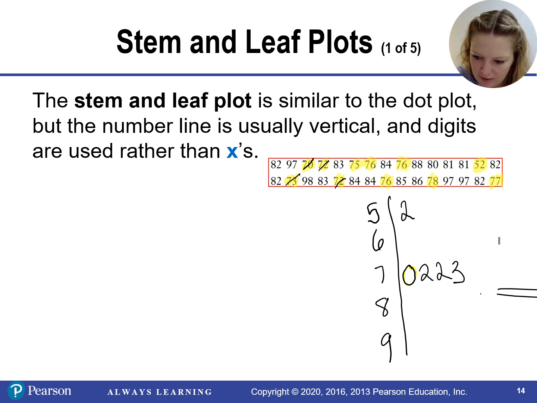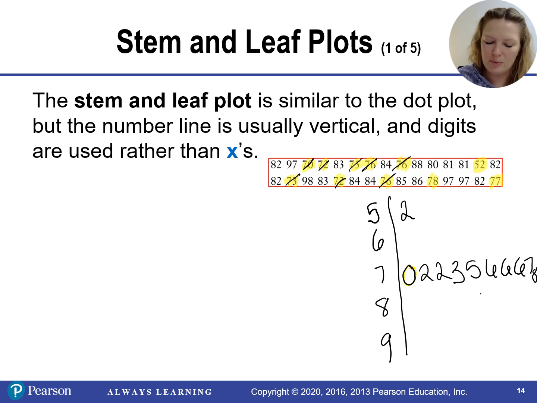I have 75. I have three 76s, a 77, and a 78. I'm running out of room, but this is how I would go about constructing this stem and leaf plot.